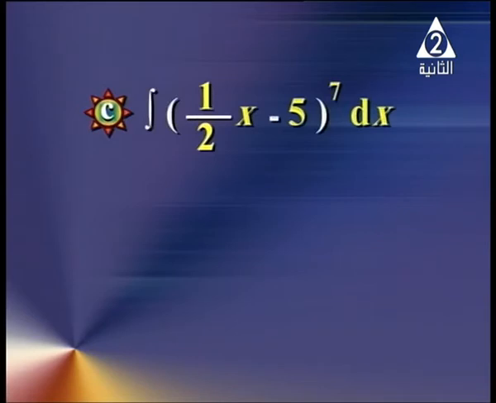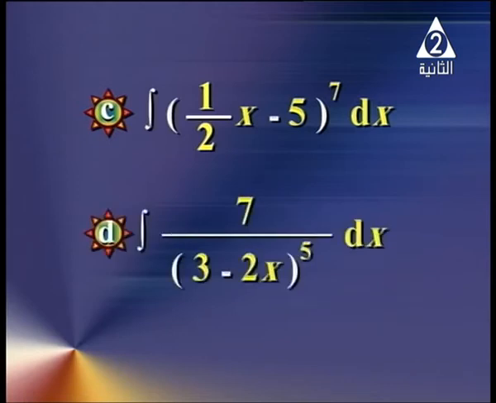Number C, find the solution of integration of bracket 1 over 2x minus 5 all power 7 dx. Number D, find integration of 7 over bracket 3 minus 2x all power 5 dx.